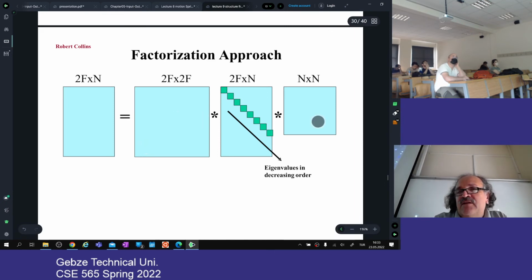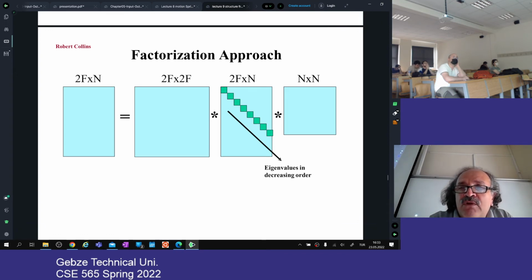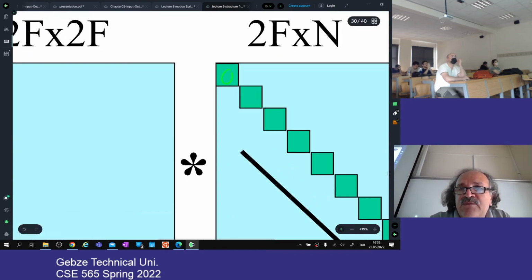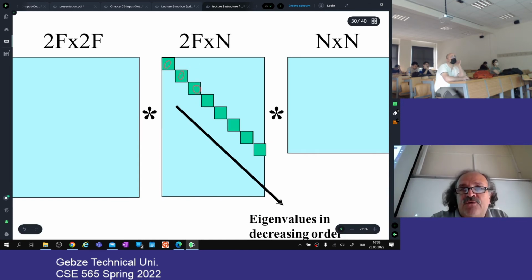N by n is very large. This is 2f by n, but only this one and this one will be non-zero. The rest of them I will assume will all be 0.